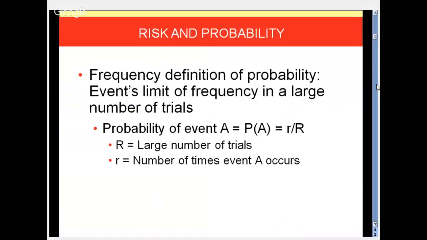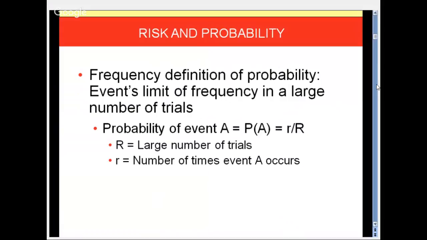So the probability of an event is simply the number of times the event occurs divided by the number of trials you have. In terms of our slideshow, the little r is the number of times that a certain event occurs, we call it A. And big R is the total number of trials that you try.